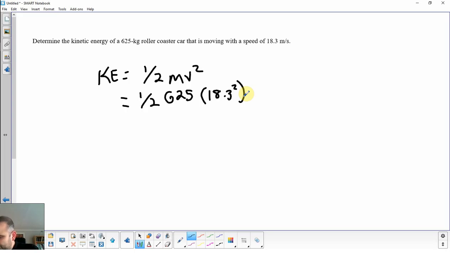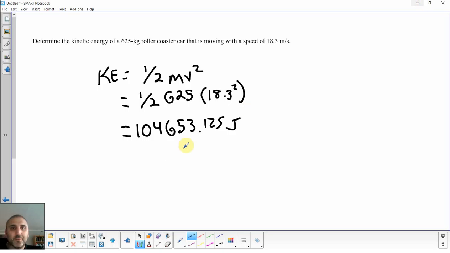So 0.5 times 625 times 18.3 squared. And that would be a whole bunch of joules. 104,653.125 joules to be exact. And I hope that makes a lot of sense because it's just simply a plug and chug problem.